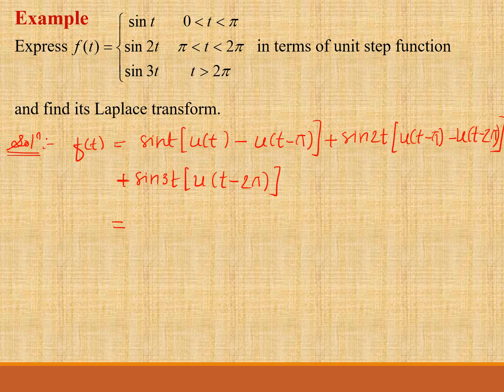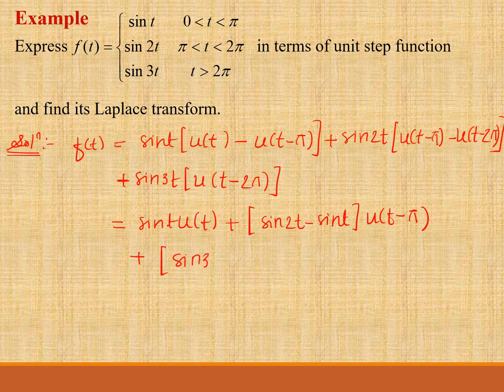Now collect the terms of u of t minus pi, and u of t minus 2 pi. So sin t into u of t, then plus the term containing u of t minus pi is sin 2t minus sin t, u of t minus pi common, plus sin 3t minus sin 2t, u of t minus 2 pi common.